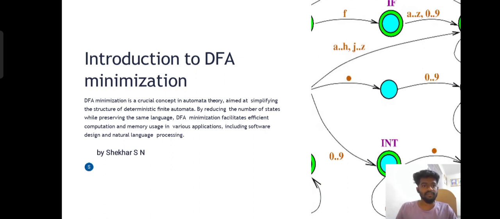DFA minimization is a crucial concept in automata theory aimed at simplifying the structure of deterministic finite automata by reducing the number of states while preserving the same language. DFA minimization facilitates efficient computation and memory usage in various applications, including software design and natural language processing.